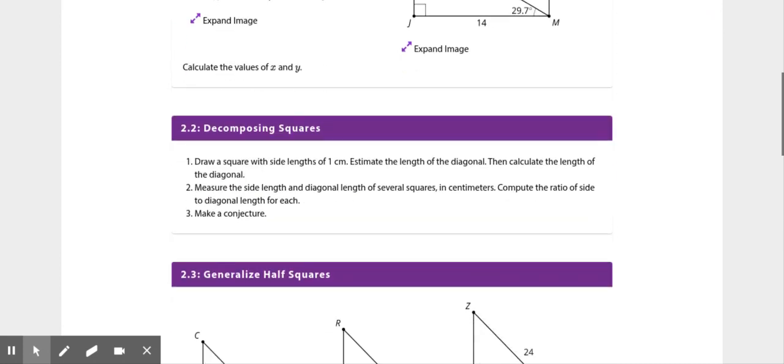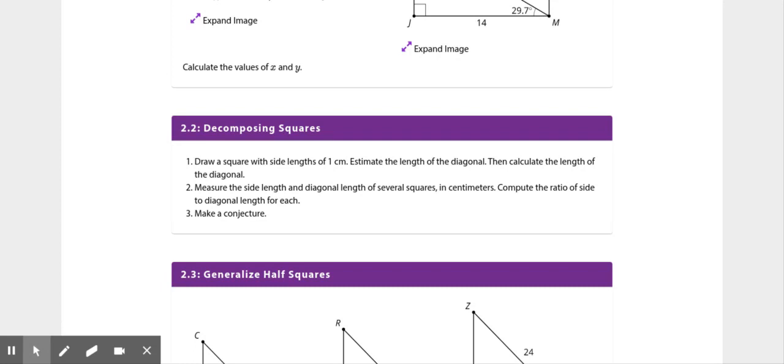So now we're going to take a look at 2.2. We're going to draw some squares, and it says to draw a square of side length 1 centimeter. So I want you to think about a square that's 1 centimeter. Maybe you don't need to draw it, or you could draw a square that was 1 inch on a side and be able to either measure the length of the diagonal or calculate it with the Pythagorean theorem, or maybe do both.